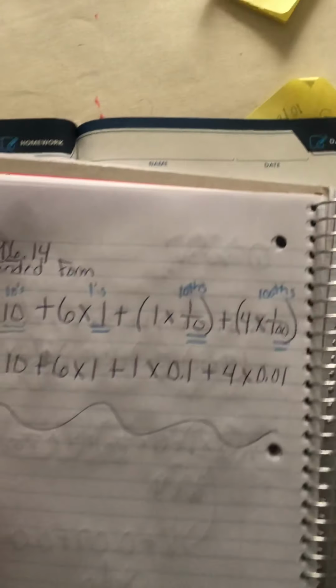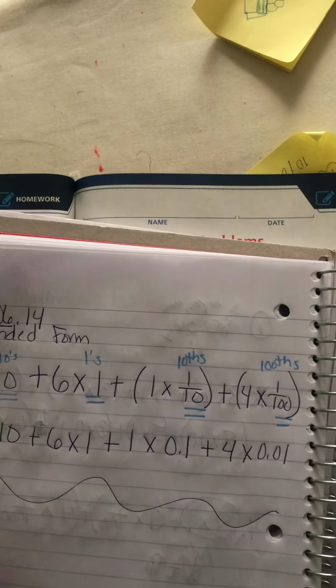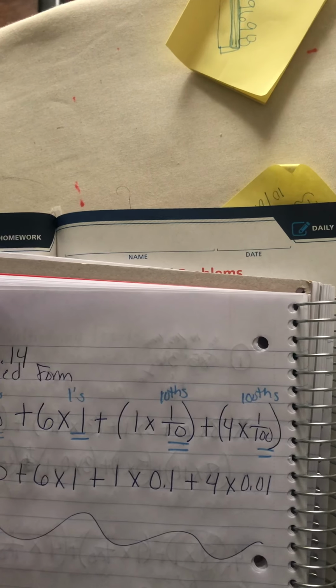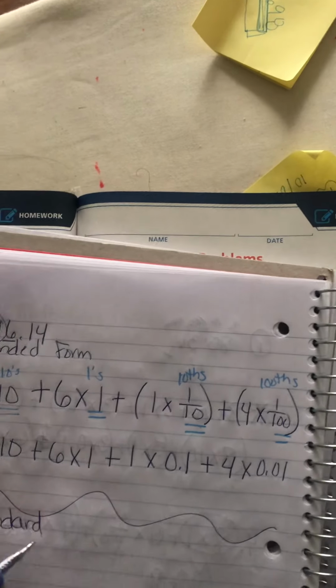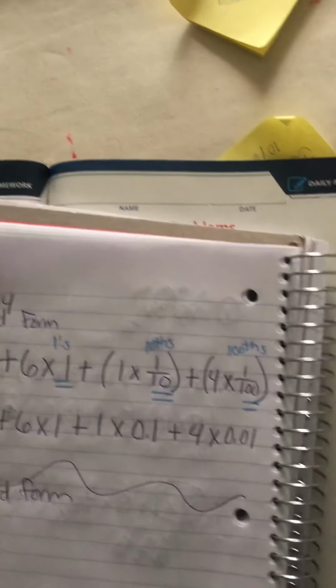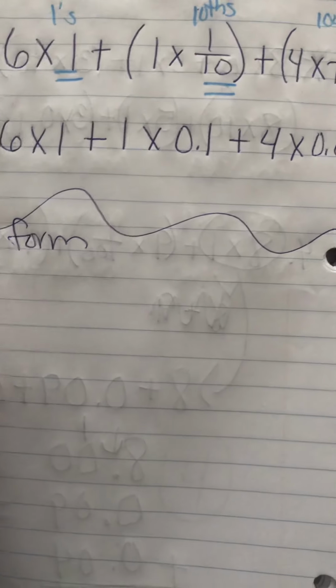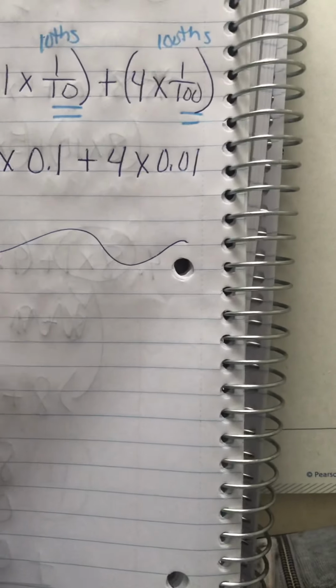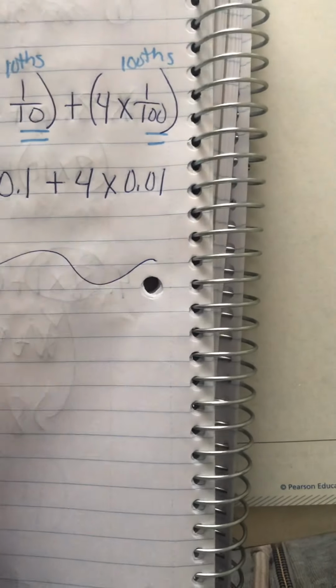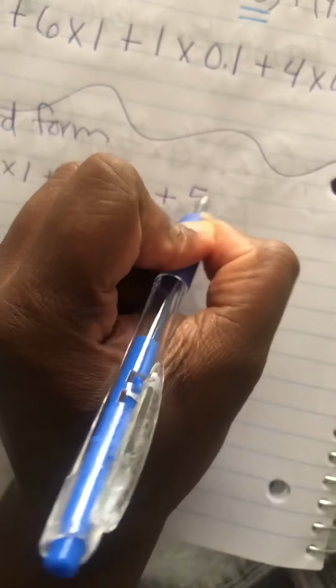And now, let's go to number 4. And we're going from expanded, so we're trying to do standard form. So let me write this up top. This is number 4. All right. 4 times 10 plus 3 times 1 plus 8 times 1 over 10 plus 5 times 1 over 100.